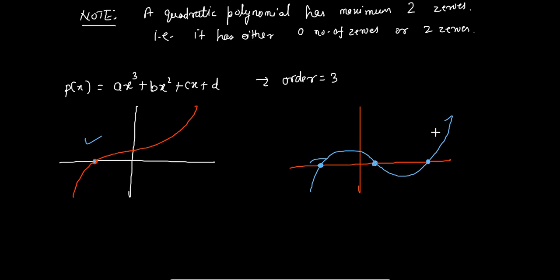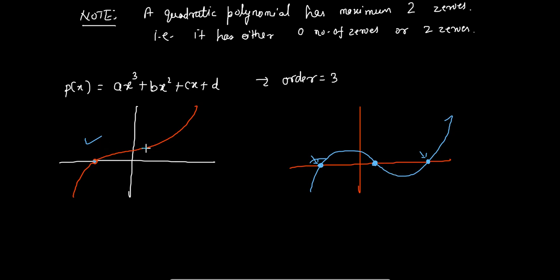The shape of this cubic polynomial determines that it won't have an even number of zeros. It intersects like this at this point, then goes downwards at this point. Since the shape of this cubic polynomial is such that it has to come back in this direction, it has to intersect like this at the third point.